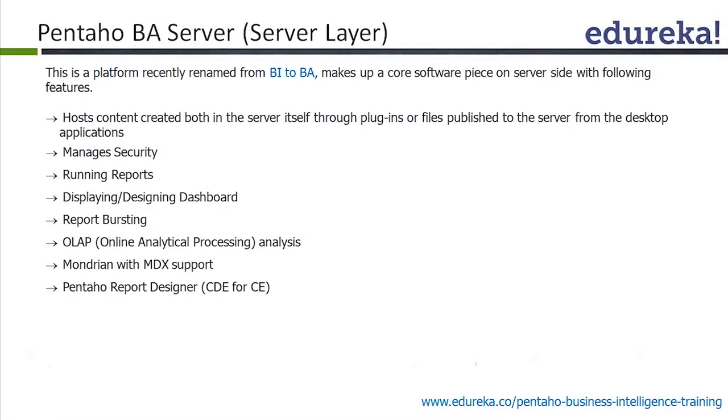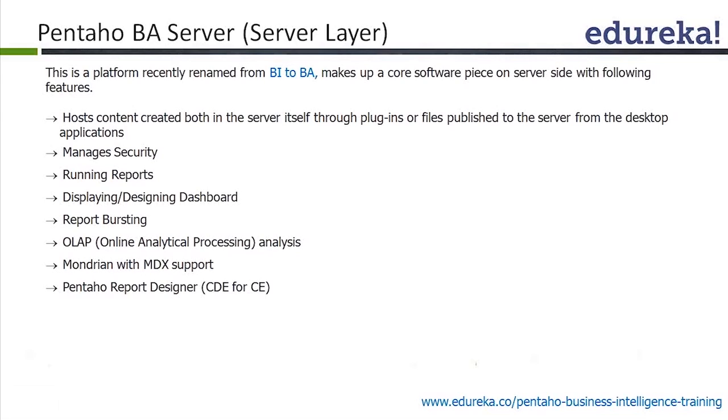These are the list of features of BA server. It hosts content created on the server itself. On the server itself, you can create content as well as publish it. While working on PRD, Pentaho Report Designer, you can publish the report on the server which is running, so you have to make sure the server is running.